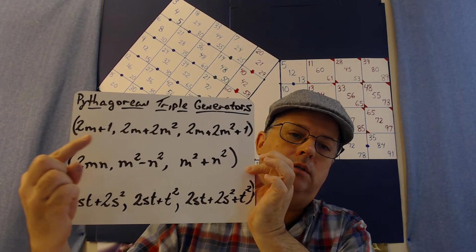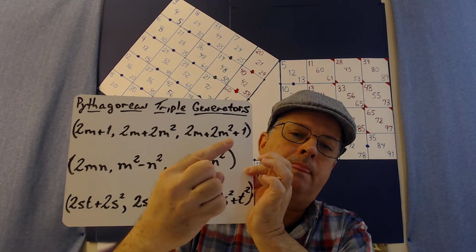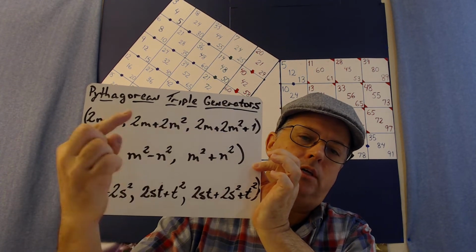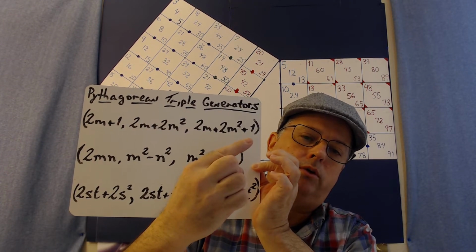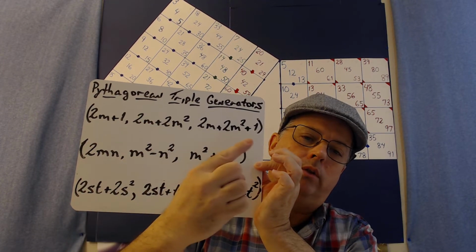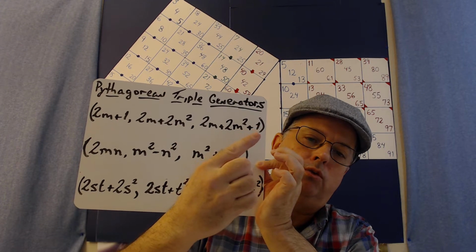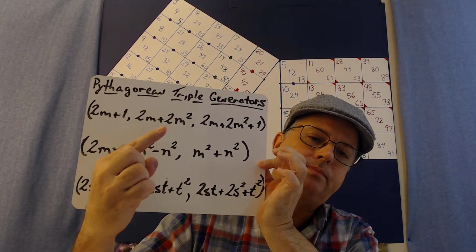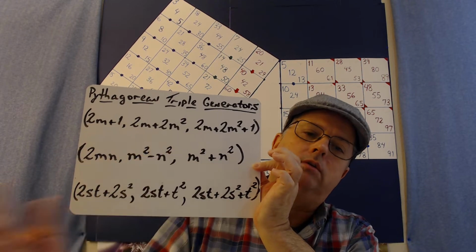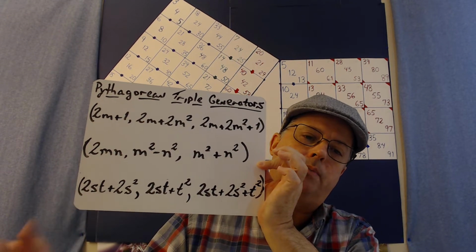And we've discussed this first one here. In this first formula, we should notice that this is the type of triple where the C value is one more than the B value. And so that only generates certain Pythagorean triples.